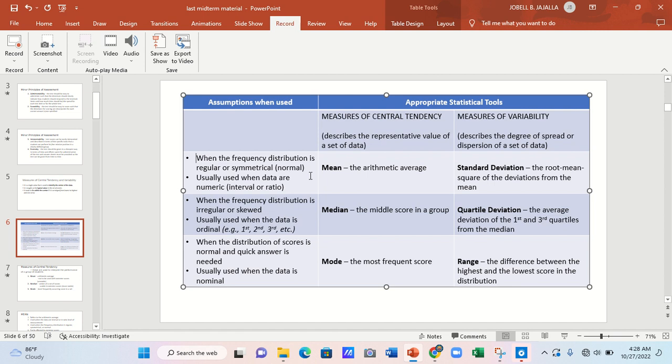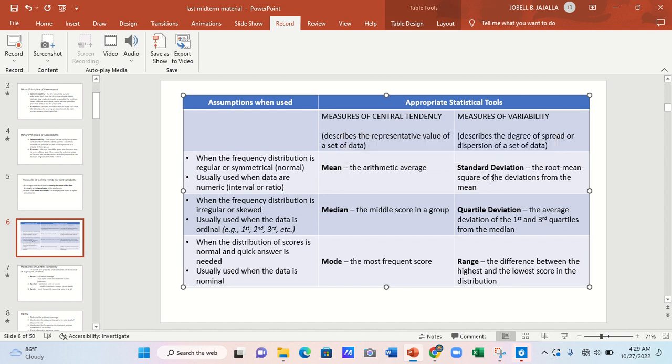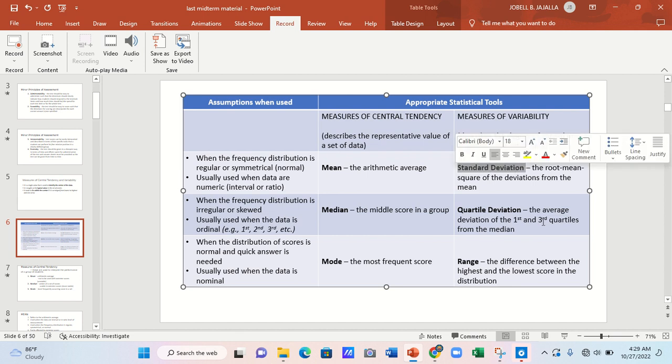The central tendency we use for this is the mean, or the arithmetic average. The arithmetic average, the mean, is the one most familiar to us at this point. Then for measures of variability, the best statistical tool to use is the standard deviation.